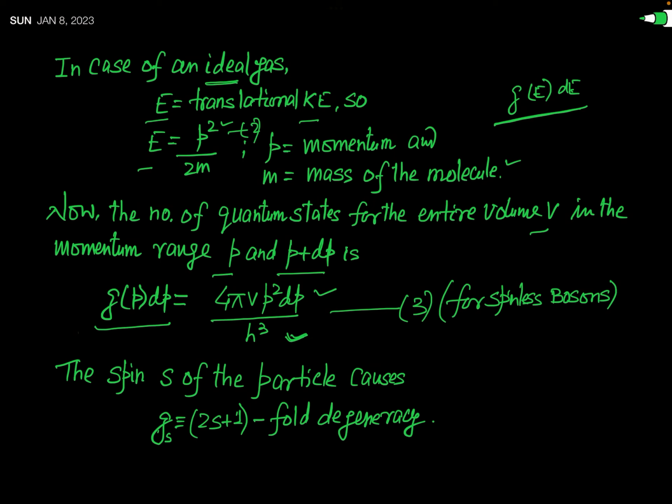Actually, when you say that G of P dP is equal to 4 pi V P square dP divided by h cube, it means you are talking about spinless bosons, or you are not taking the spin of the particle into account. So this result is valid only for a boson having a spin quantum number s equal to 0.